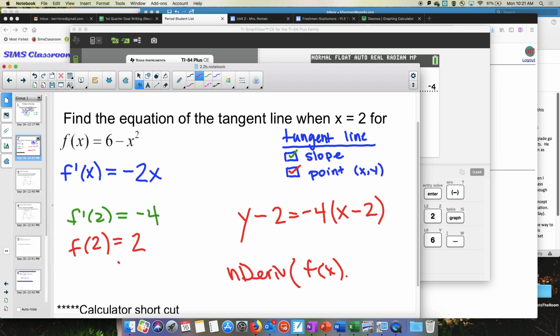Comma, you have to tell it what variable, so comma x, and then comma the x value. Because you don't want to close it, it's all one thing.